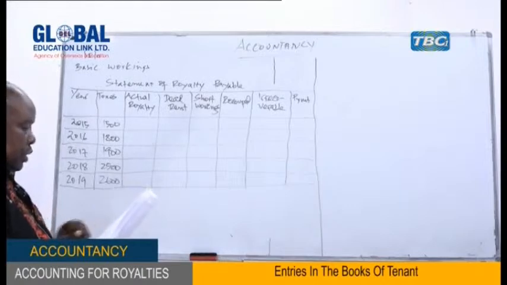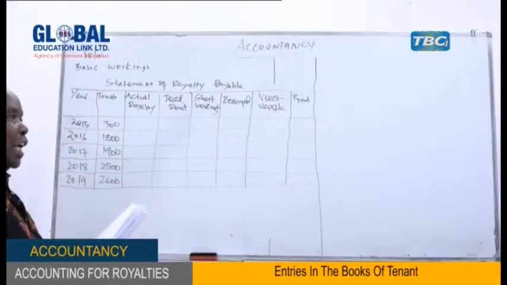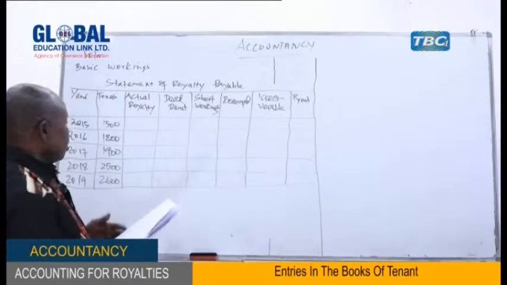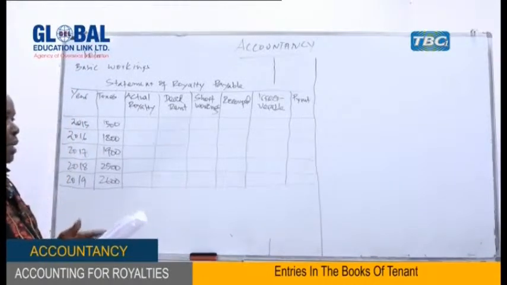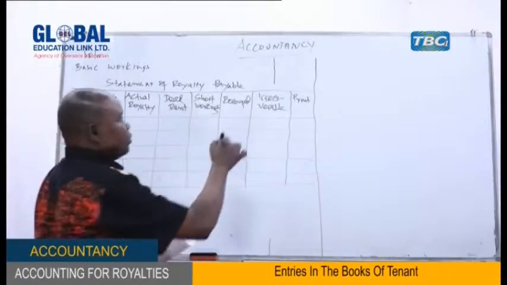Now, to know the actual royalty, according to the question, a royalty is 20,000 per ton. So we'll take now 20,000 times 1,500. And our table now will be in terms of thousand.